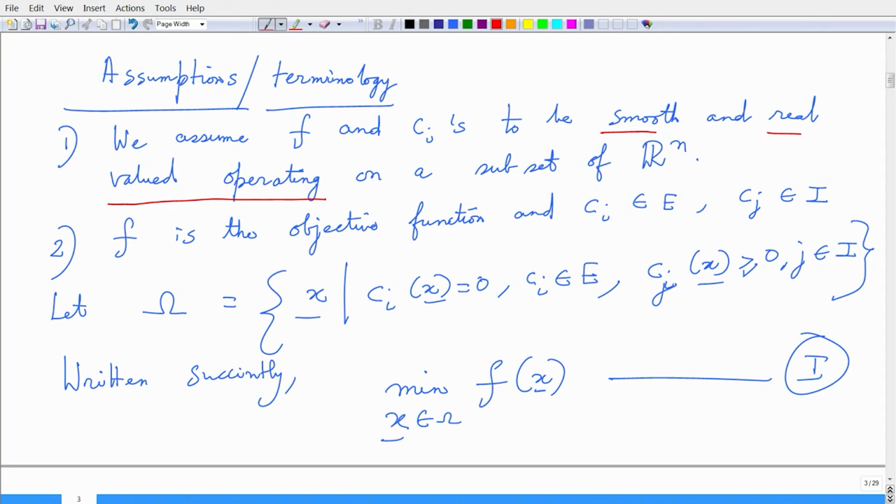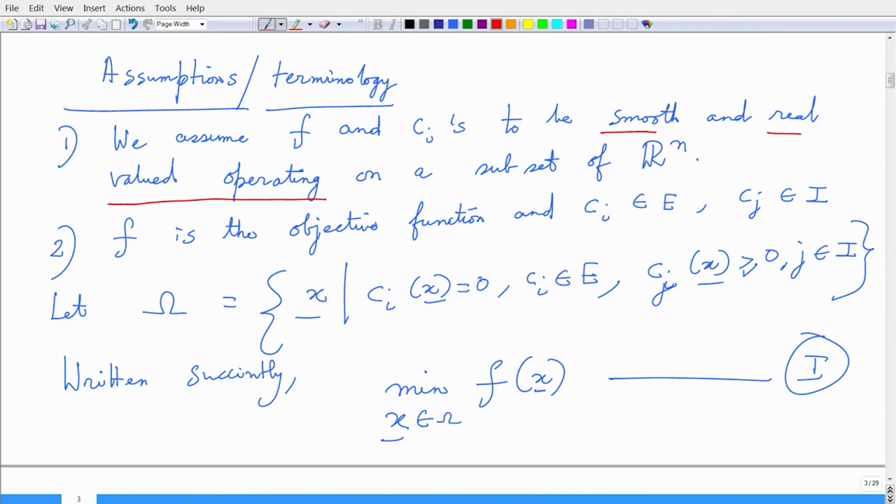If we have to take derivatives and then investigate, we might want to have this smooth up to a certain point where we need the derivatives to be available to us, and we assume them to be real valued, but in general it need not be, it could be complex valued, but for the purposes of our analysis we assume them to be real valued. Now, f is the objective function as I mentioned earlier, and Ci belongs to the equality or the inequality constraint.